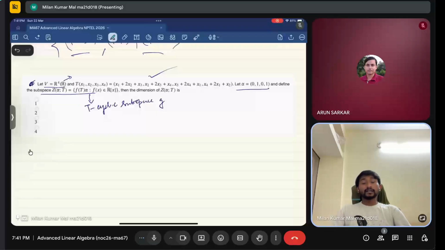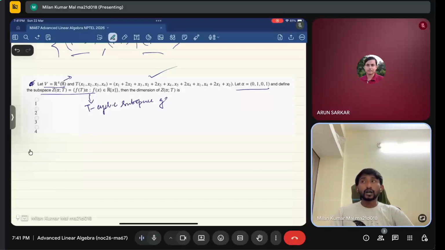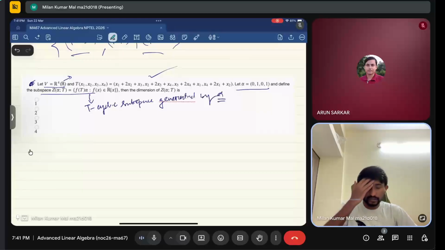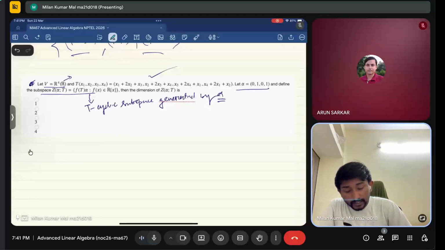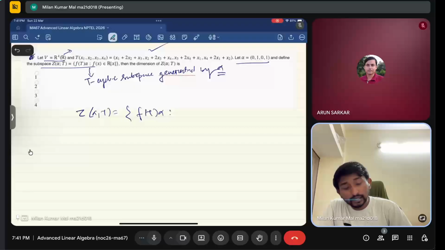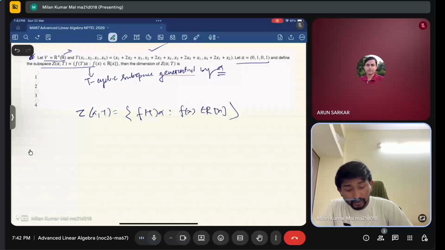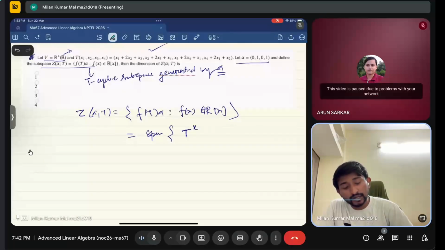We know the dimension of Z(alpha; T) is actually the degree of the corresponding T-annihilator, but we will not go in this direction. Z(alpha; T), as I have said, is f(T) alpha such that f(x) comes from the polynomials over the real field, and this equals T to the power k alpha, such that k is a natural number including 0.